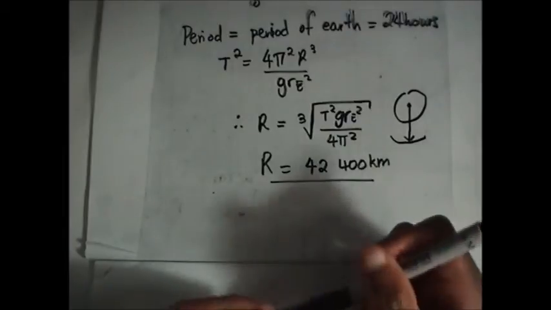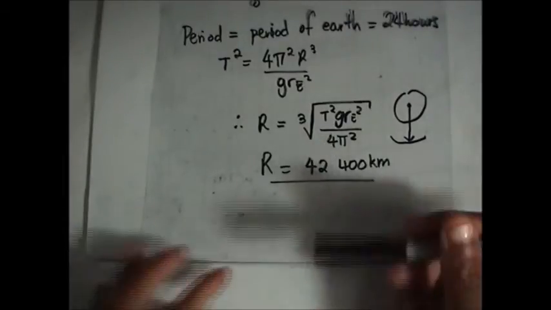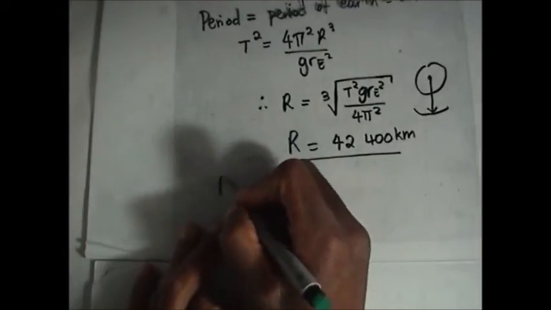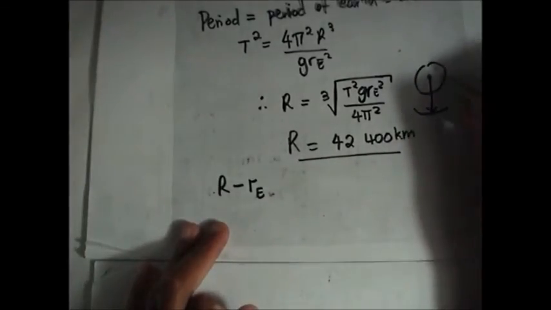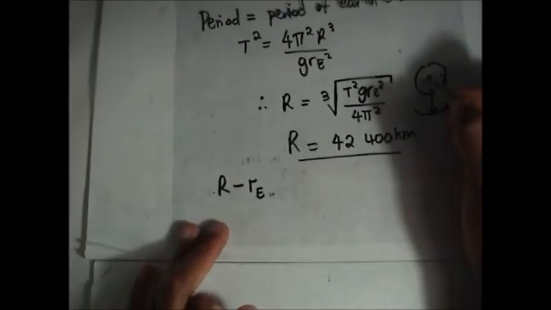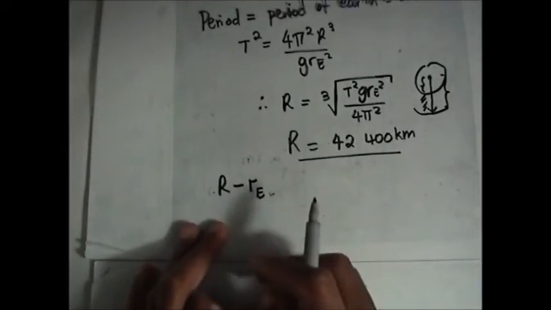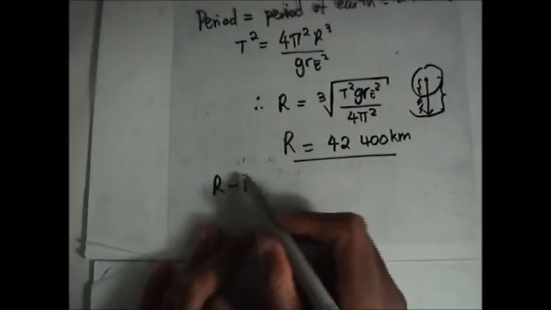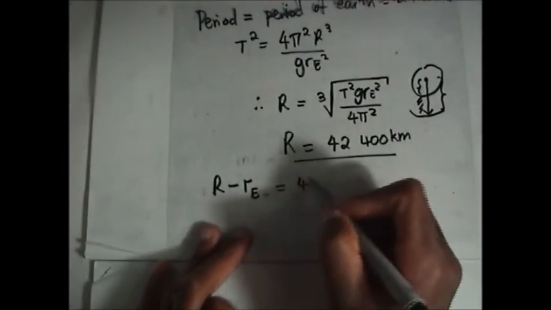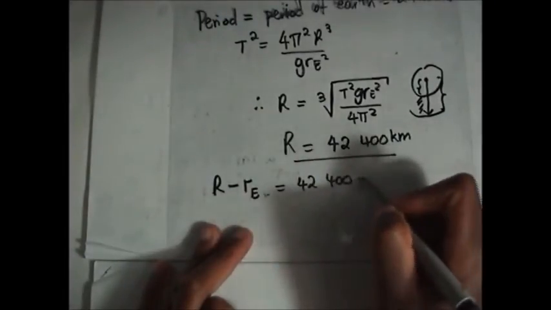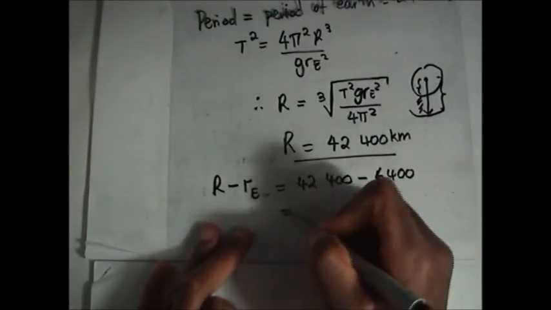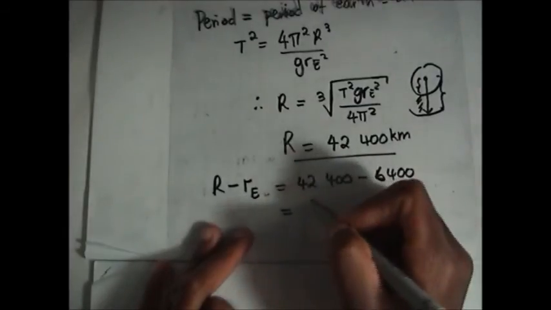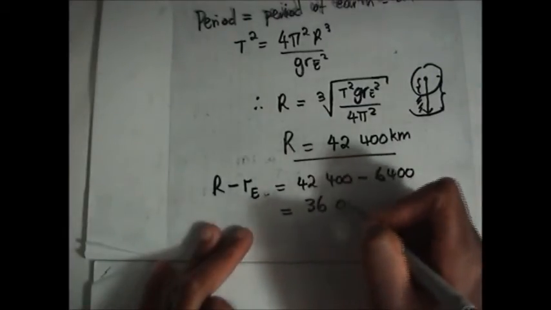But you can calculate their distance above the surface of the Earth as the entire orbit radius minus the radius of the Earth. This is equal to 42,400 minus 6,400. You get that the height above the Earth's surface is 36,000 kilometers.